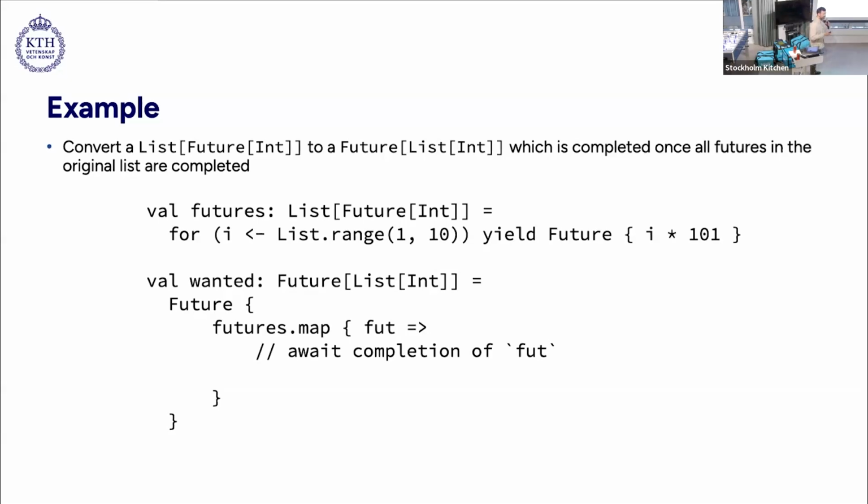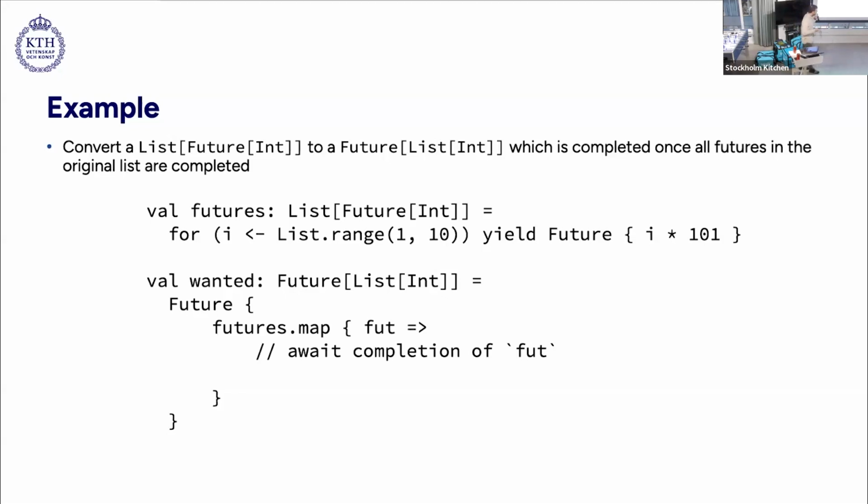And is that clear? Right, so we just use map on a normal Scala list, and for each future we want to wait for the integer result and have that as the result here in the map, right? And so that will give us as a result a list of integers, right? And that's going to be wrapped in a future. So that should give us the correct result.